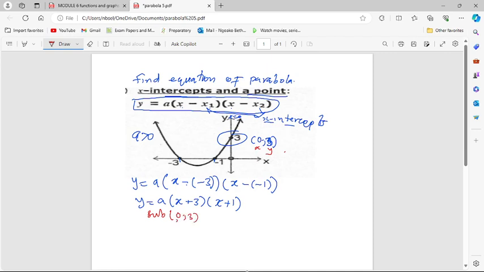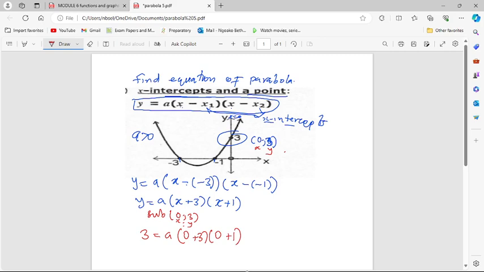Just write x and y so that you don't confuse them when you substitute. So we put 3 equals a into, the value of x is 0, plus 3, into, the value of x is 0, plus 1.